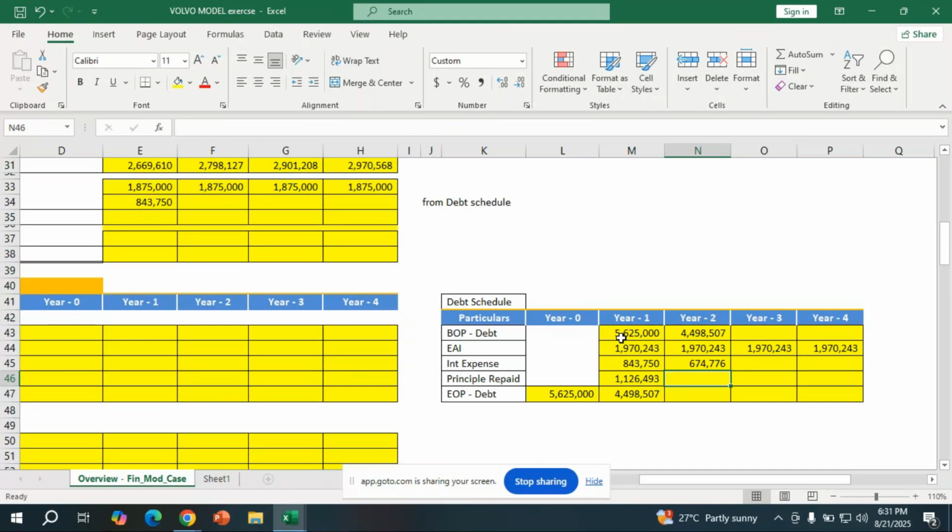Okay, you get interest expense of 6,74,776. So what is the principal rebate equals to your EMI minus interest.